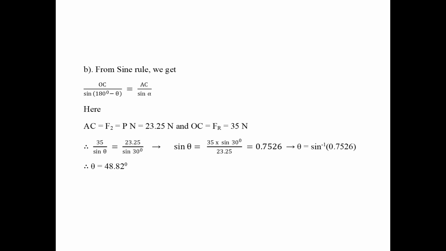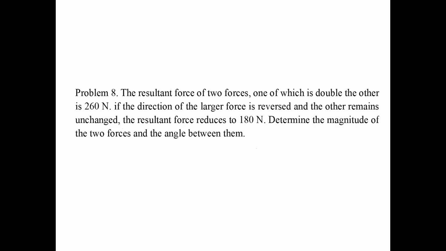In this problem, we have not applied the parallelogram law equations: Fr is equal to root of F1 square plus F2 square plus 2 F1 F2 cos theta, and tan alpha is equal to F2 sin theta by F1 plus F2 cos theta. Without using the equations of parallelogram law of forces, but by preparing the parallelogram diagram and applying the cosine rule and sine rule on the triangle OAC, we solve this problem. So that is the numerical problem in parallelogram law of forces.